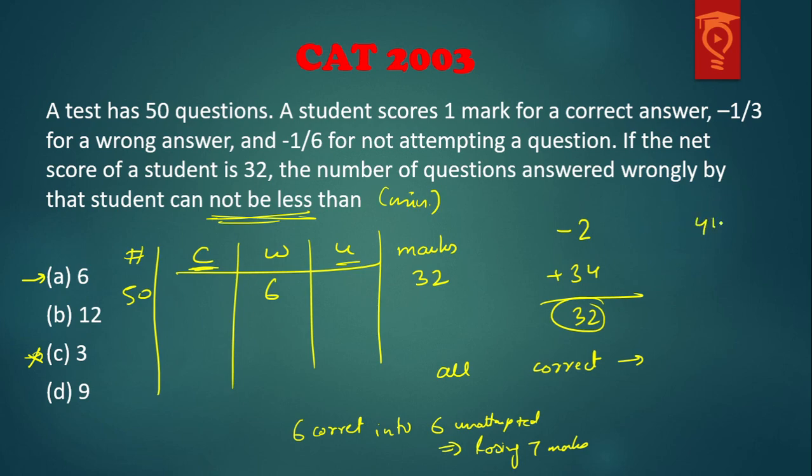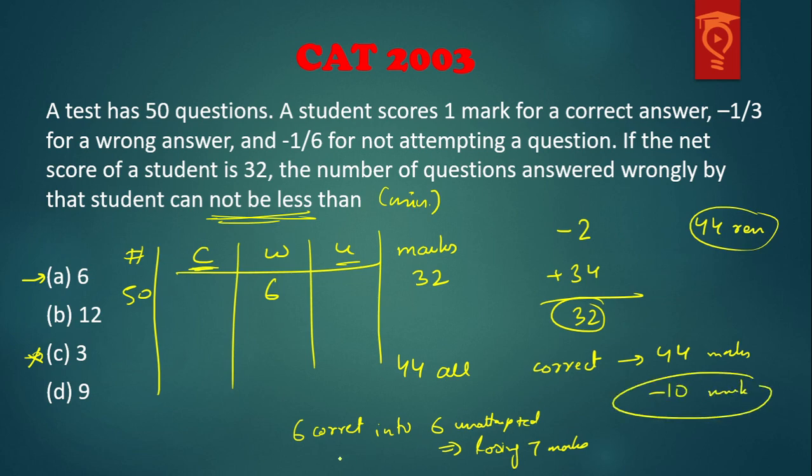Now if all 44 are correct, they will give me 44 marks, but I need to go down by 10 marks. And you can see that to keep it in integer, I can only convert 6 correct answers into 6 unattempted. And this way I lose 7 marks. So I do not have anything that can make me lose 10 marks.